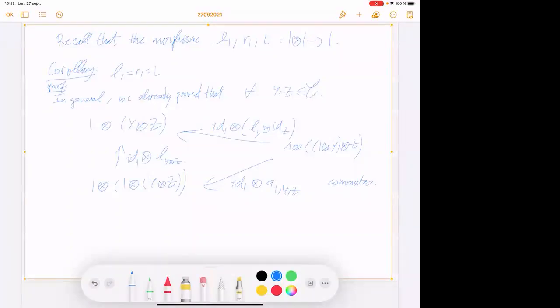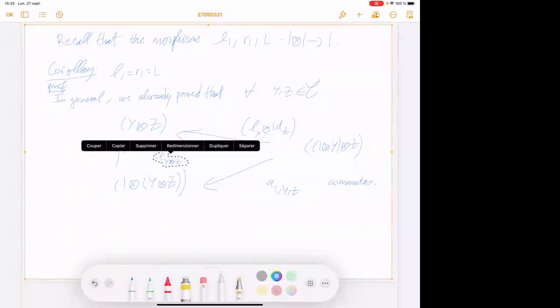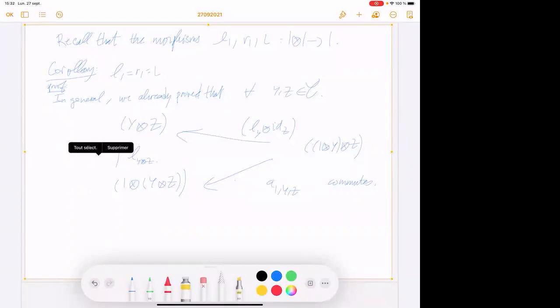Sorry, I wrote too much 1; we don't need to do that. So we proved that. Now you just apply that, taking Y equal Z equal 1.